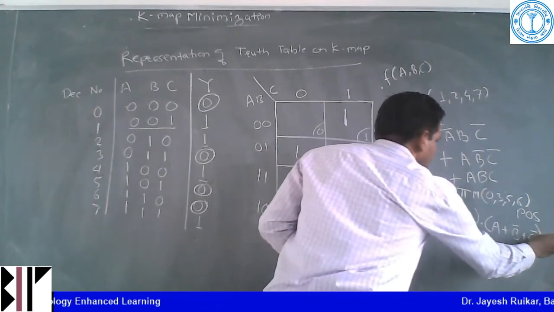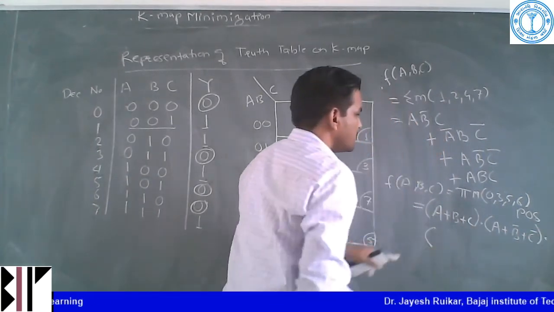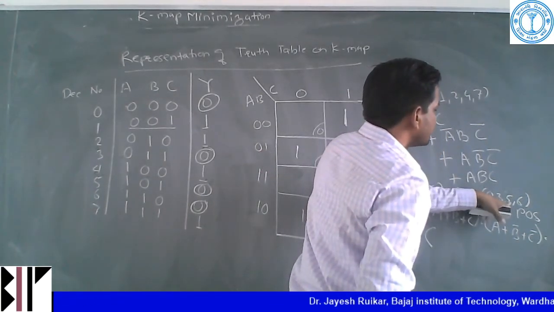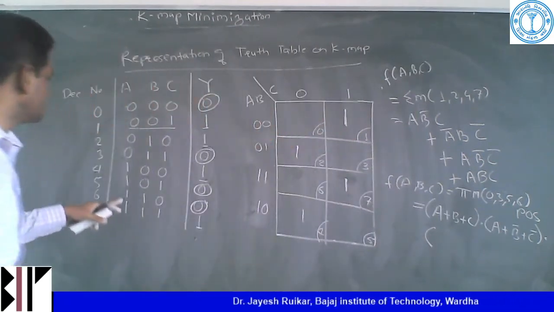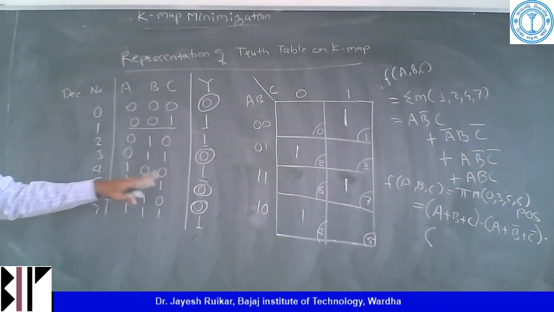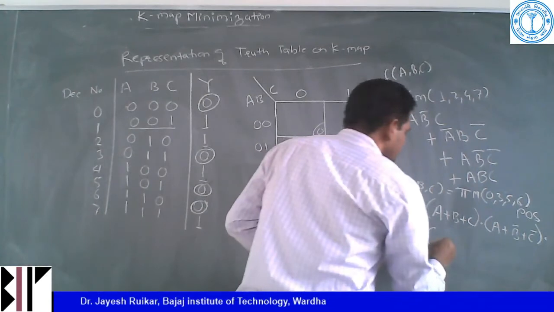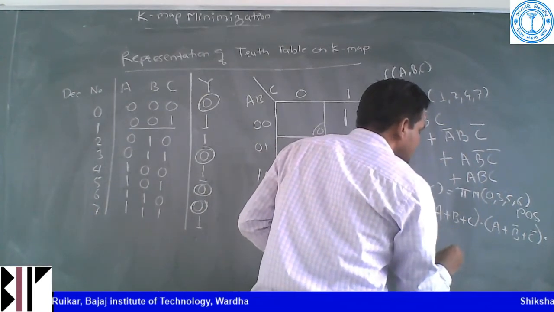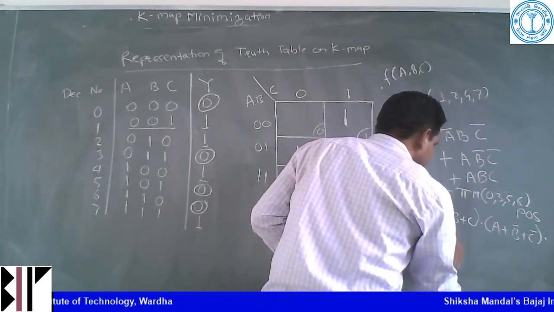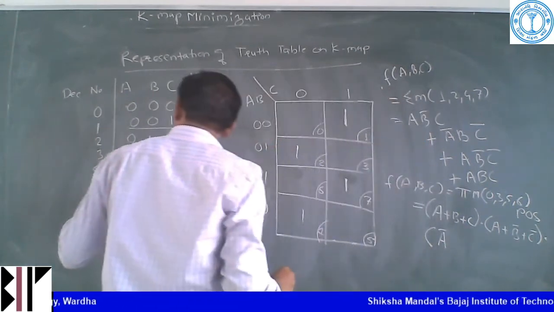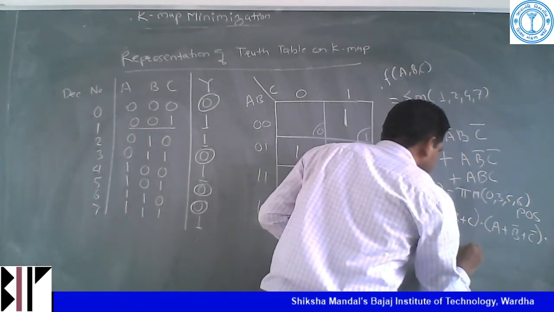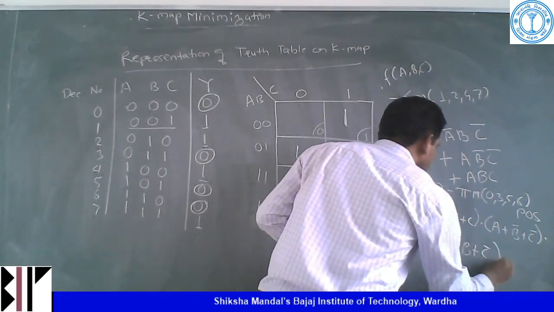Then the next is the product of another sum term, that is 5, 1 0 1, which is a bar plus b plus c bar.